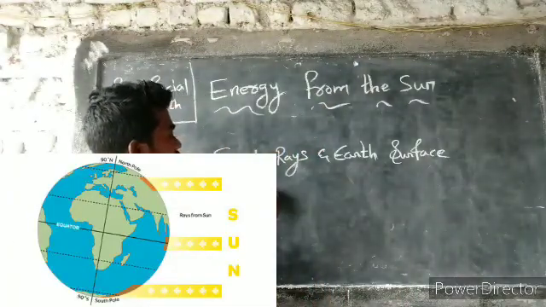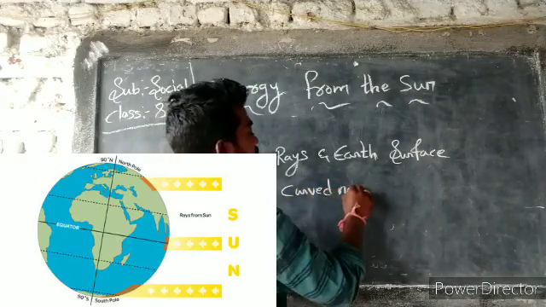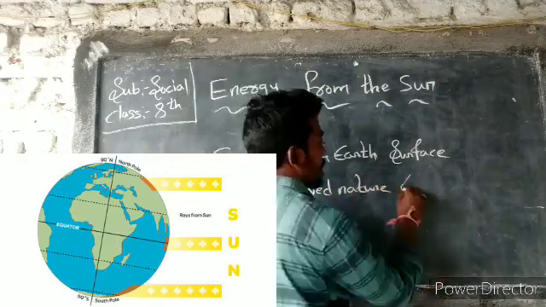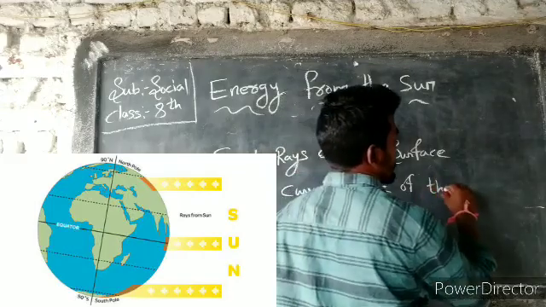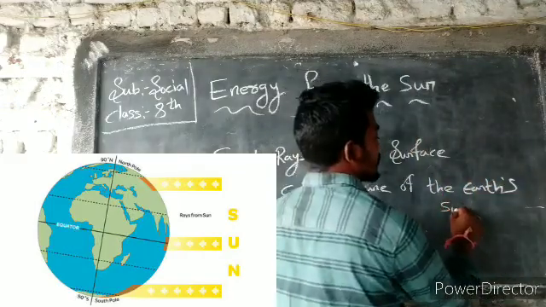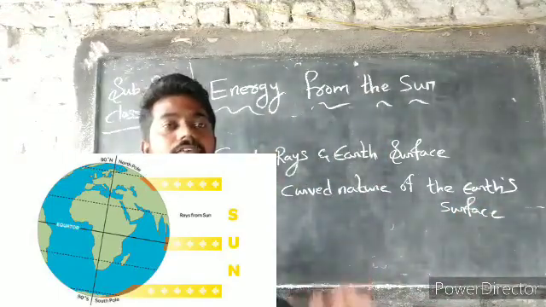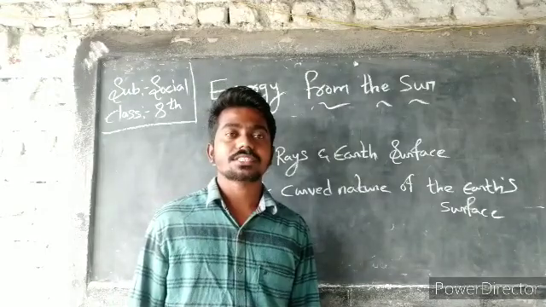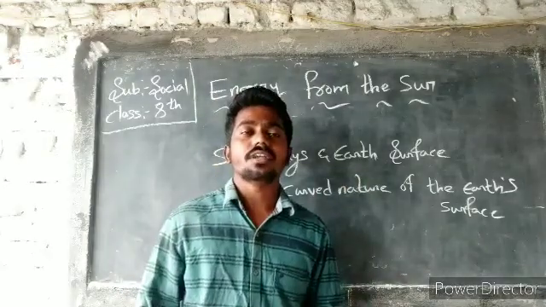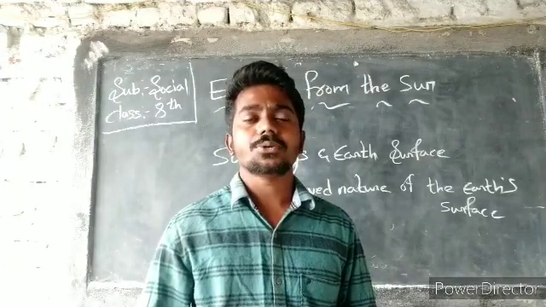Because of the curved nature of the earth's surface, the sun's rays will not fall on the ground evenly.